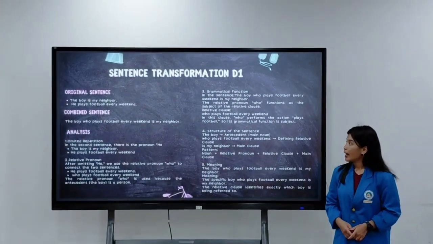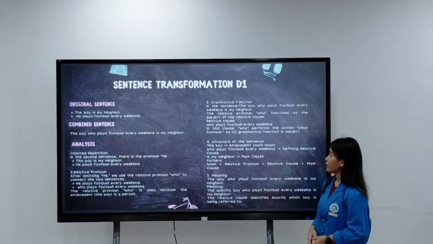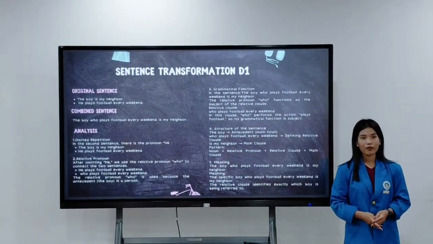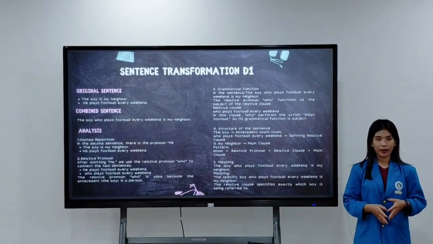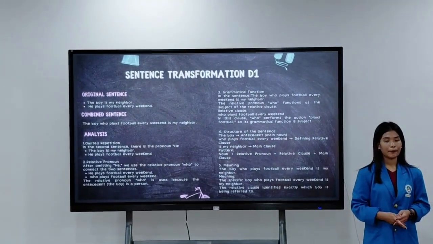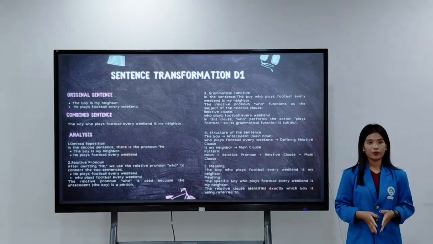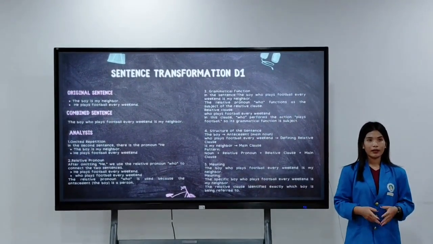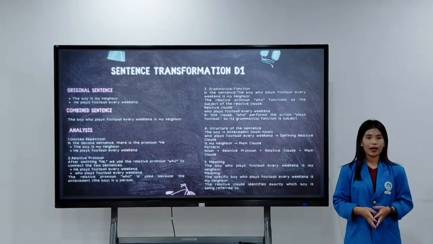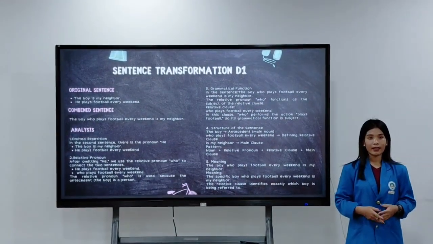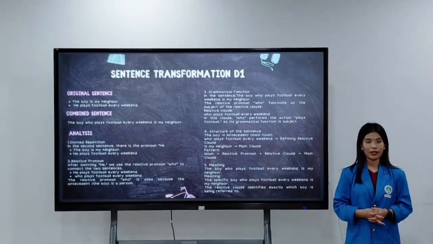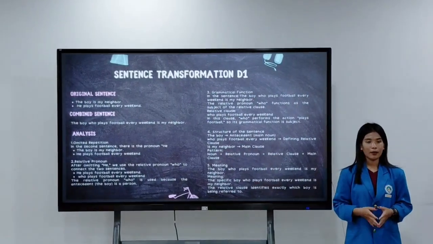Now, I will explain the sentence transformation D1. First, we have to separate the sentence. First, the boy is my neighbor. Second, he plays football every weekend. The first sentence tells us about the boy. The second sentence gives additional information about the same boy.